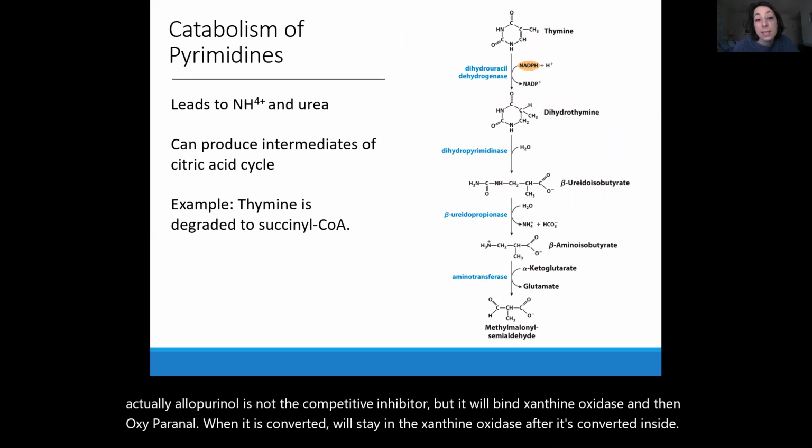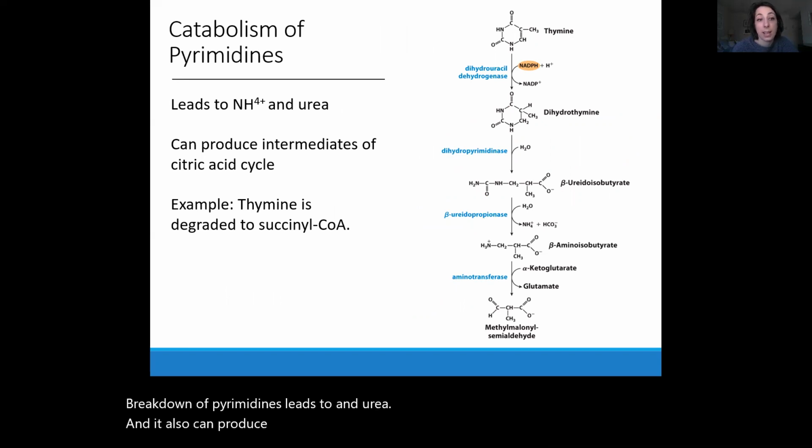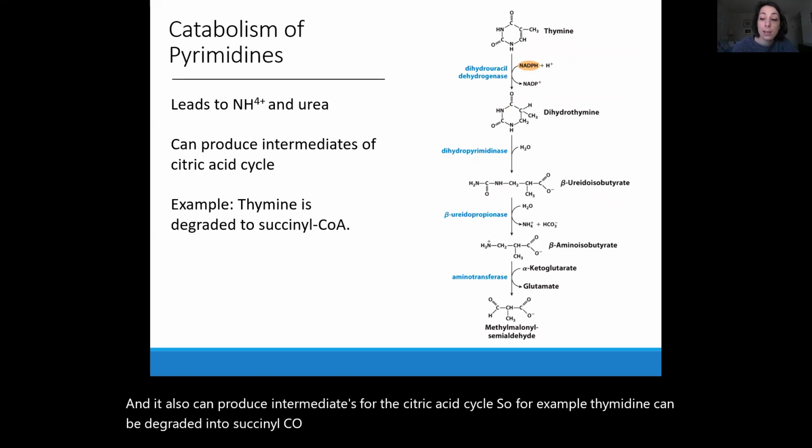Breakdown of pyrimidines leads to ammonia and urea, and it also can produce intermediates for the citric acid cycle. So for example, thymidine can be degraded into succinyl-CoA, a main citric acid cycle intermediate.